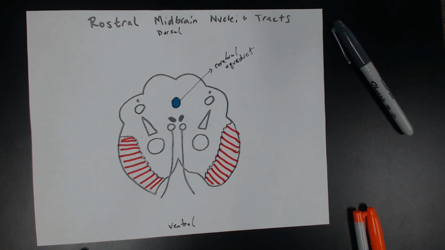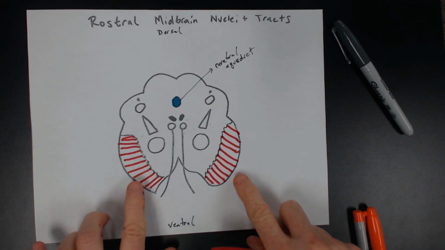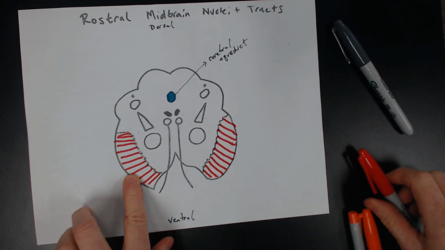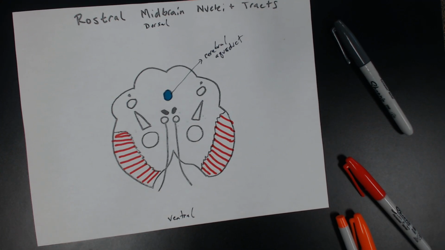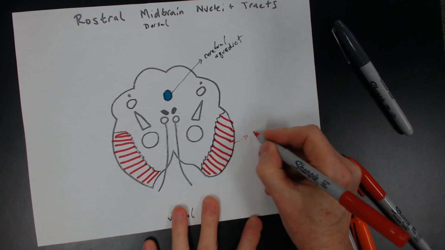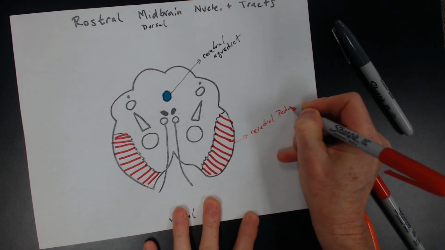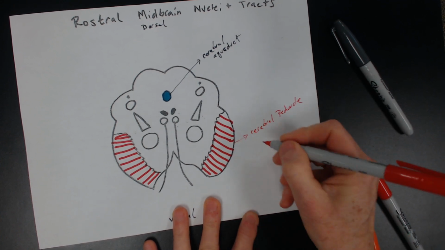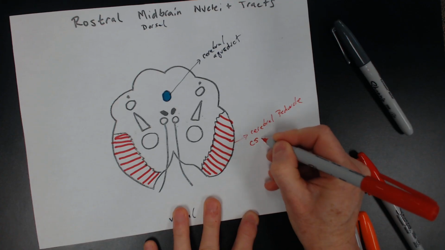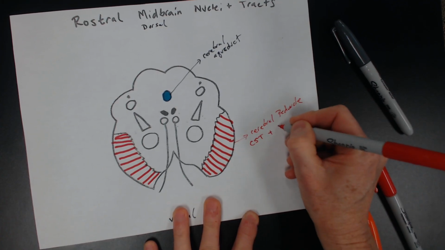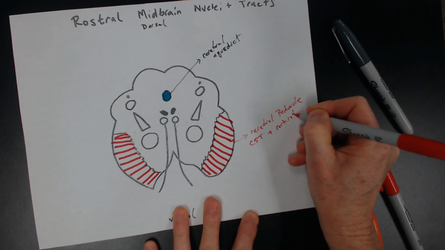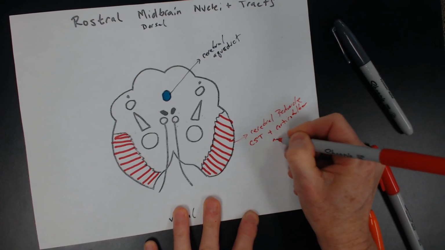Okay, so you have all those motor cranial nerve axons and all those total body motor axons coming down, traveling through this space. Okay, this space is called your cerebral peduncle, and it is nothing more than a combination of CST plus corticobulbar axons.